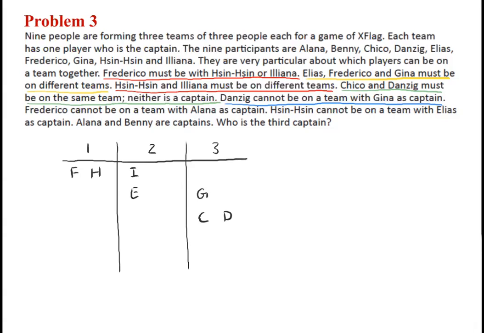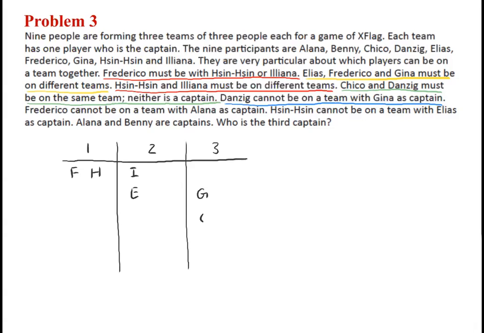So the thing is here, if Gina is not captain, she's not a captain, and then Chico and Danzig are also not captains, then this whole entire scenario just falls apart because each team has to have one captain. So we can backtrack a bit. Oops. We can backtrack a bit.